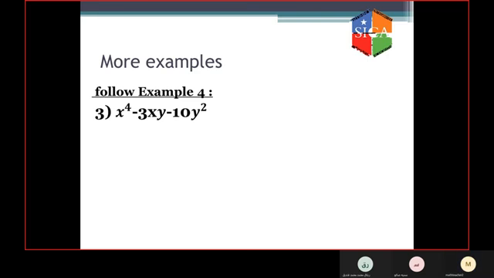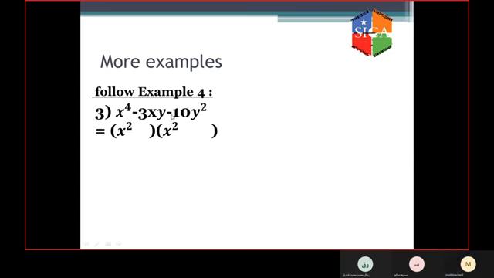Here we have a trinomial, but not a quadratic. We have a trinomial of the fourth degree, and this is x squared, not x. Okay, factorize x to the power 4 as x squared times x squared.